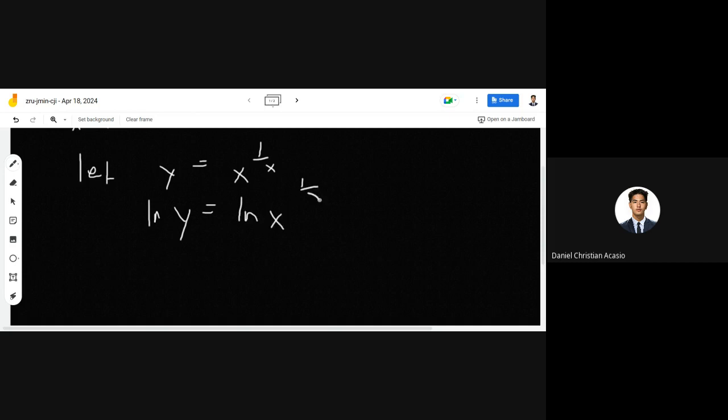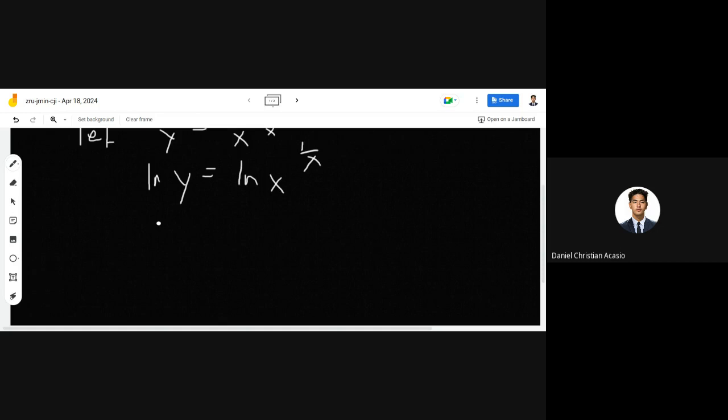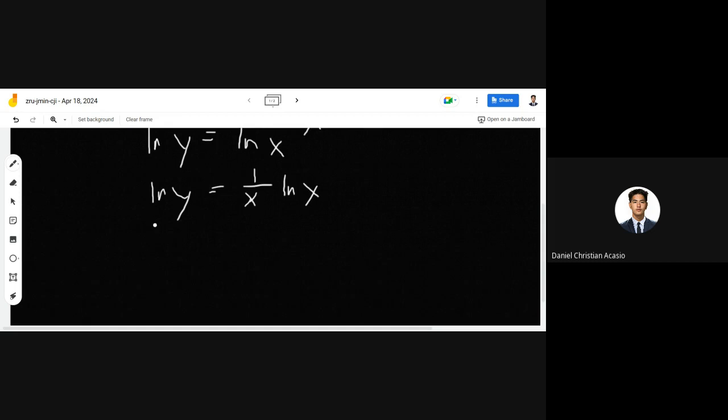So ln y is equal to 1 over x times ln x, because of the property of logarithms. I can rewrite this into ln y is equal to ln x over x.